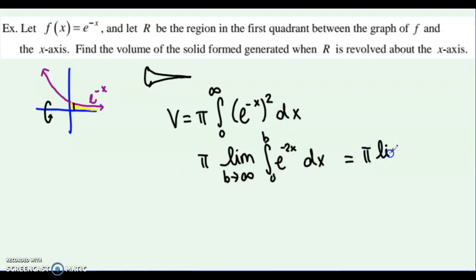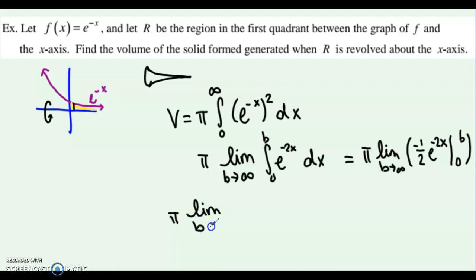So pi, we've got the limit, b goes to infinity of negative 1/2 e to the negative 2x, and we're evaluating this from 0 to b. Pi is still on the outside as the limit goes to infinity of negative 1/2 e to the negative 2b minus a negative 1/2 e to the 0th power.